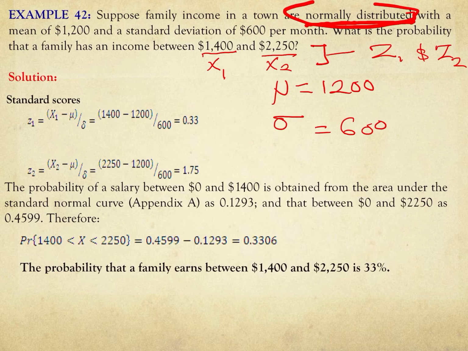I've solved it here, but I want us to just look at it together and use graphical representation to make better sense of it. So for z1, if you look at the formula, z1 is from x1.